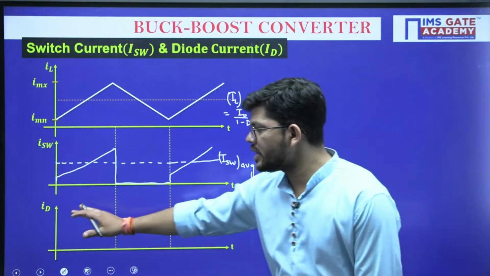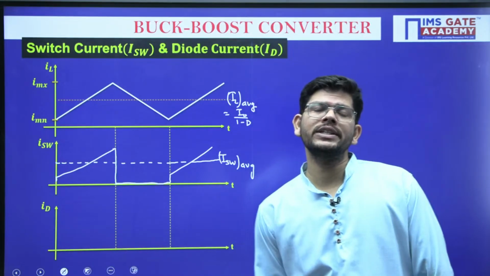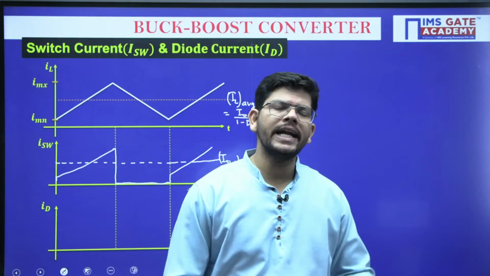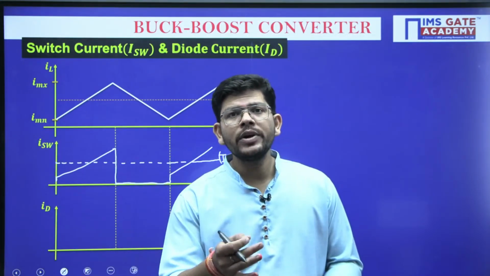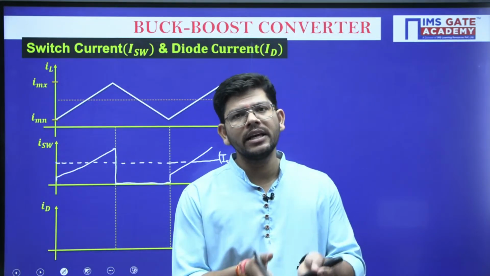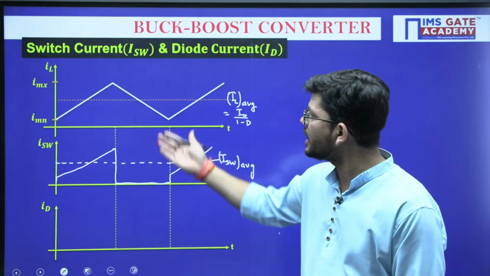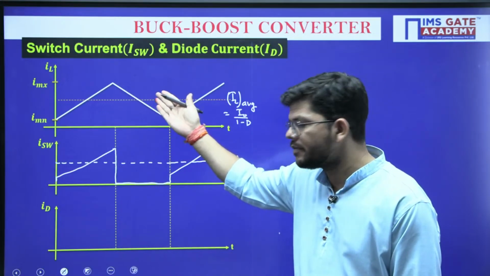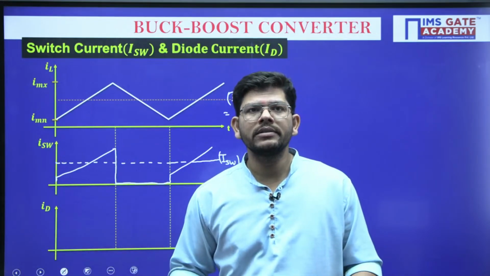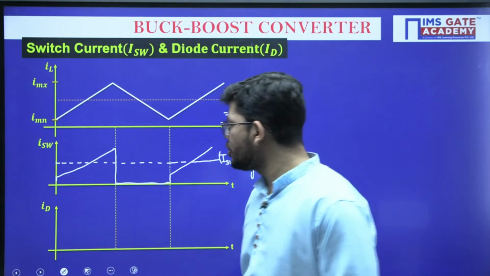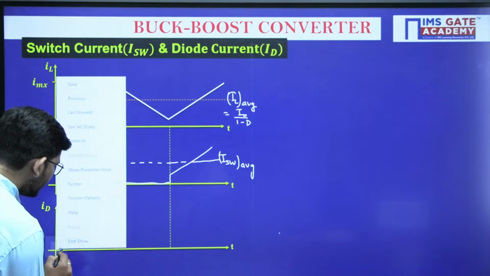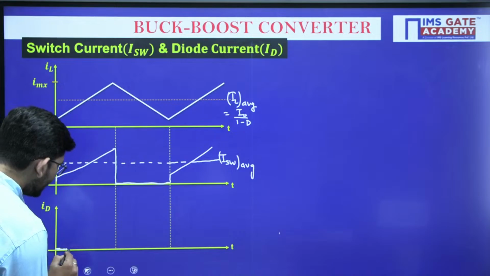Now when it comes to the diode current, you know that the diode is turned on during the off period, and at that time it is carrying the same inductor current. So whatever the inductor current shape is during the off time, it will have the same shape. During the on time it has no appearance, it was off, so it will have a value equal to 0.